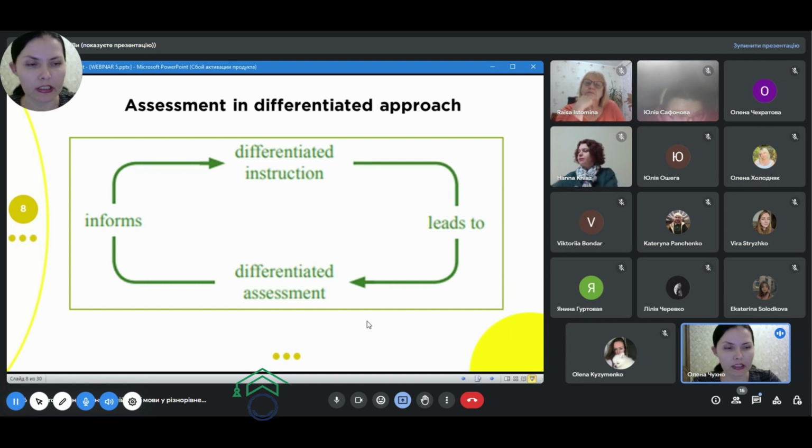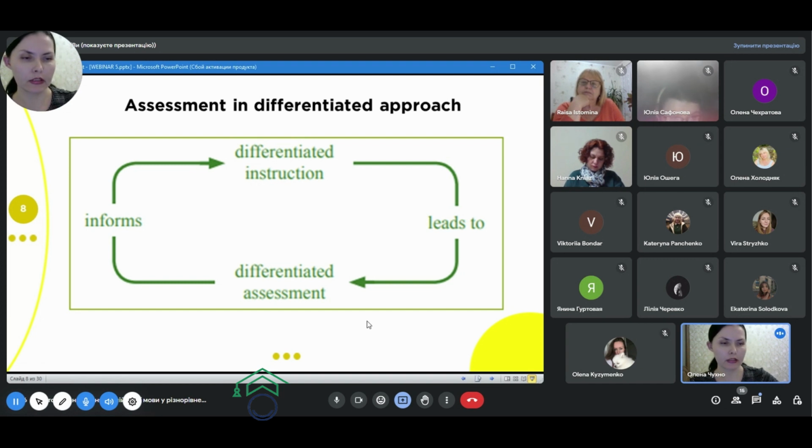If you differentiate assessment, the results of this assessment will inform differentiated instruction. It means that you will take into account all the data that you receive after assessing your learners. So here we can see that differentiated instruction and differentiated assessment are interrelated.